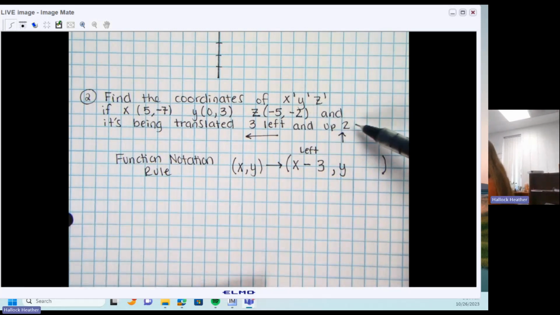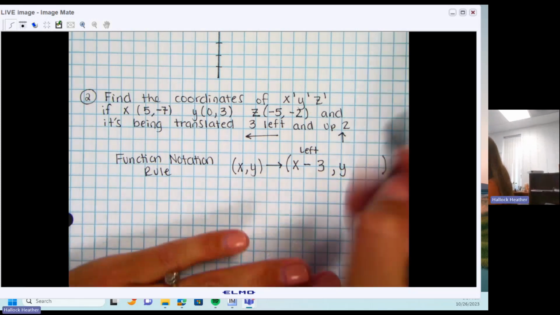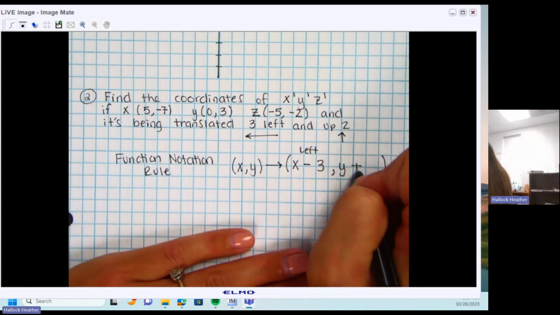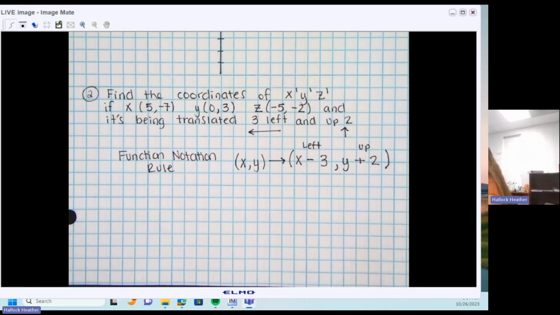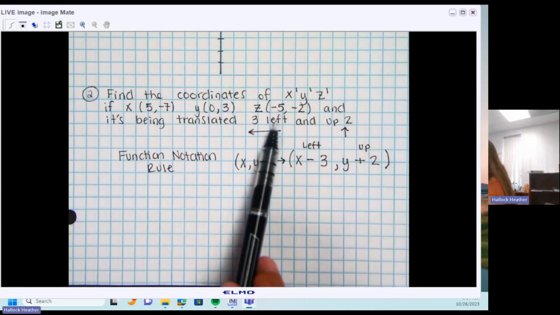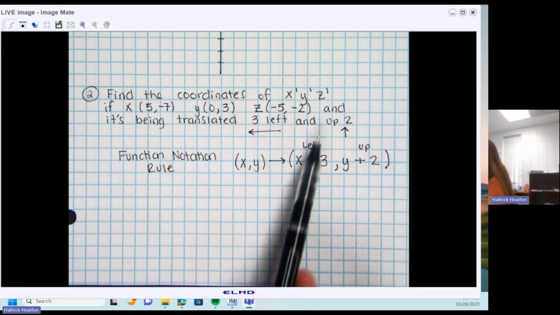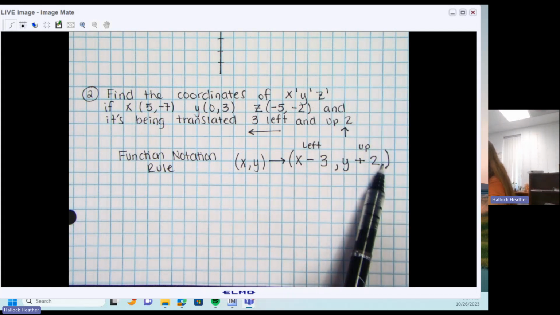And then it says up 2. For my Y, that's how much you rise. Since I'm going up, do you think I should say +2 or -2? Plus. So this is the rule we're going to use to figure out where it's going to end up without an actual graph. Because I'm going left 3, I'm minusing 3. I'm going up 2, so I'm adding 2.